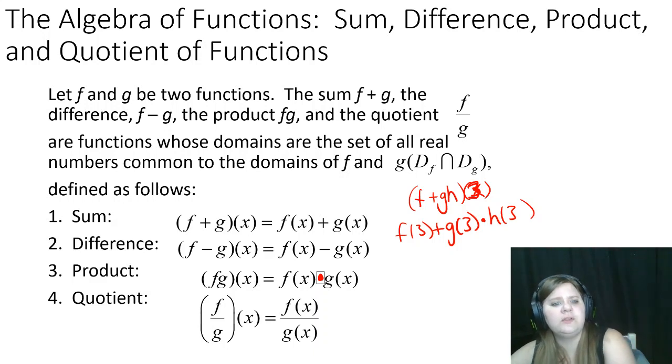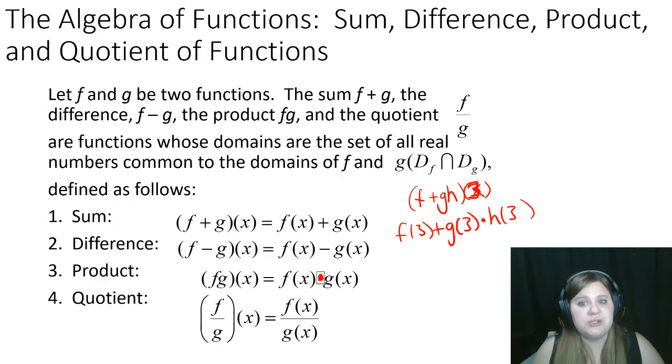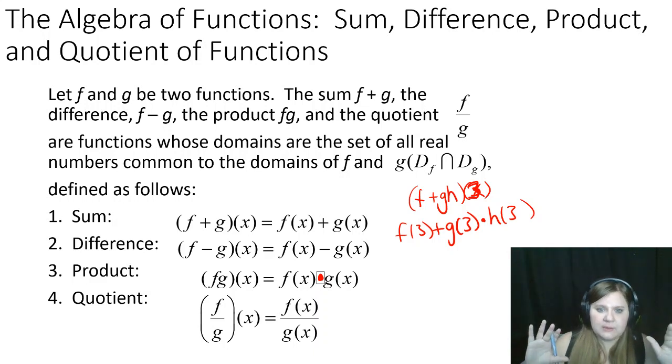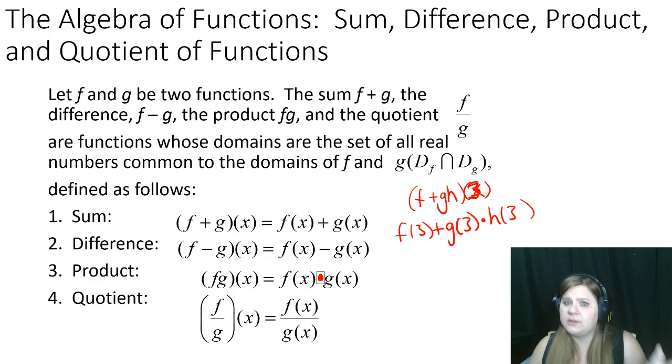Now, you'll notice that it says the domain of the new function has to be what's common to the other functions. So remember that if f is all real numbers and g is all real numbers, when you add them, their domain will still be all real numbers.